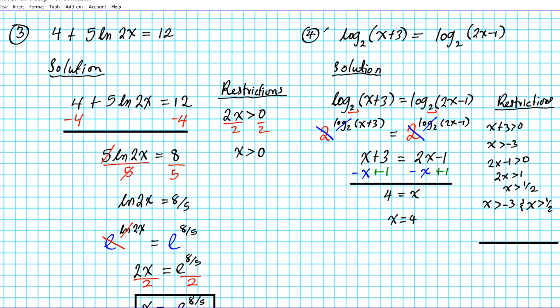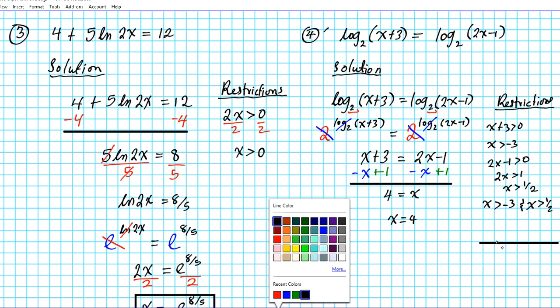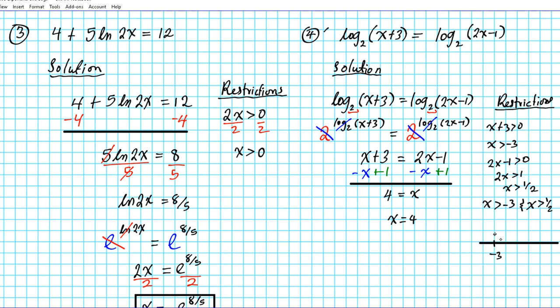Let's say this is negative 3, all numbers that are greater than negative 3, and let's say this is 1/2 right here, all numbers that are greater than 1/2. If we intersect these two, we're going to get all numbers that are greater than 1/2. So this will actually be your domain, all numbers that are greater than 1/2.